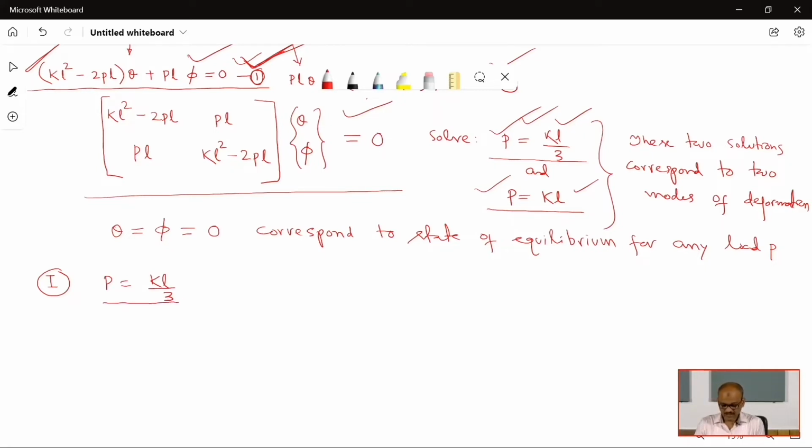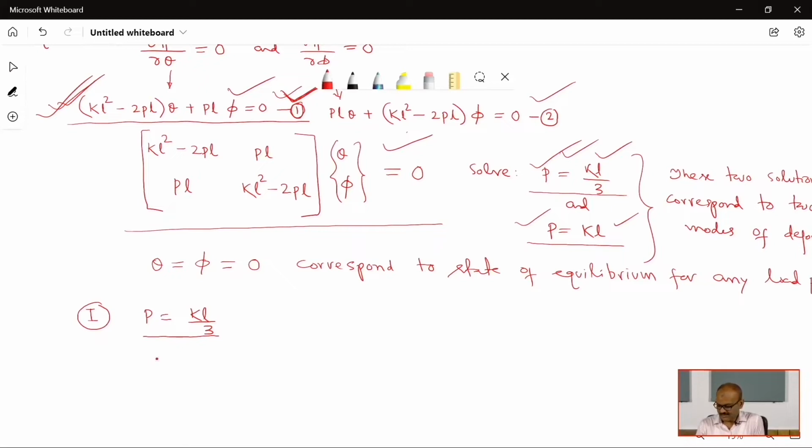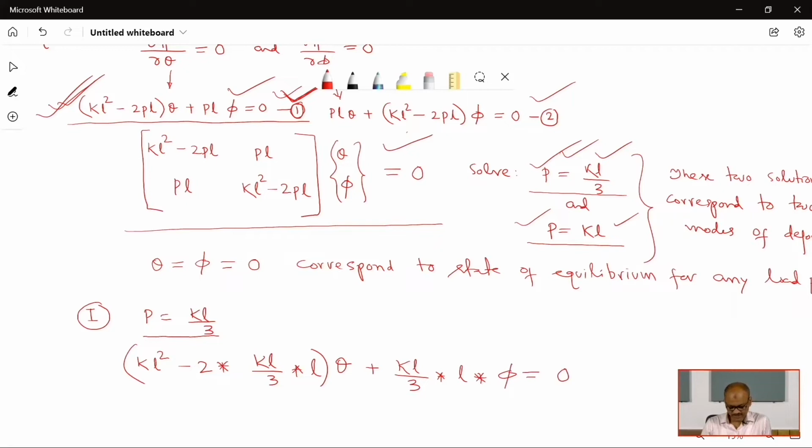If we substitute in this equation, then we get (KL square minus 2 multiplied by KL by 3 into L) into theta plus KL by 3 into L into phi is equal to 0.